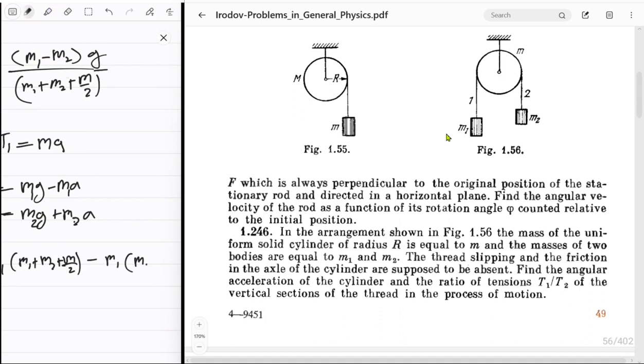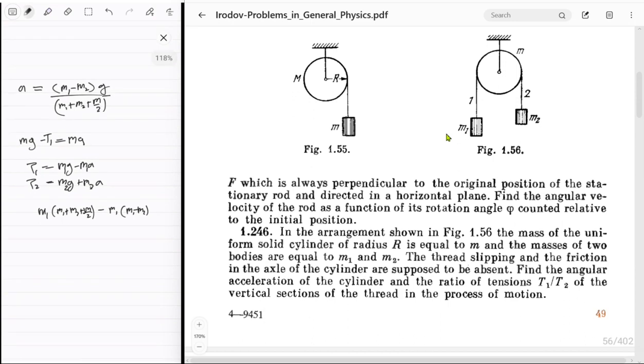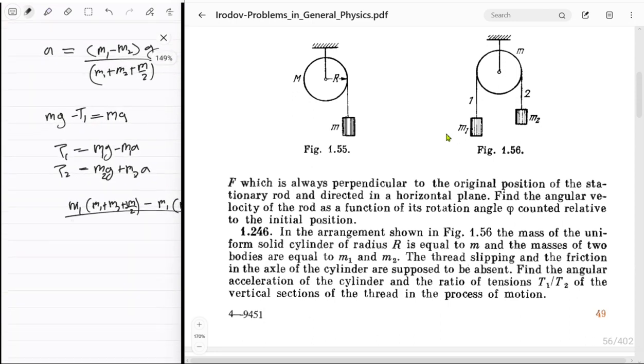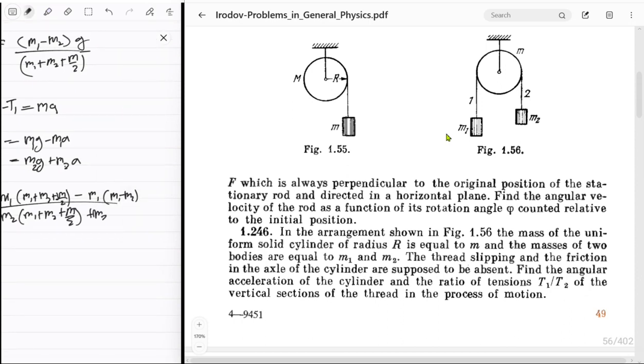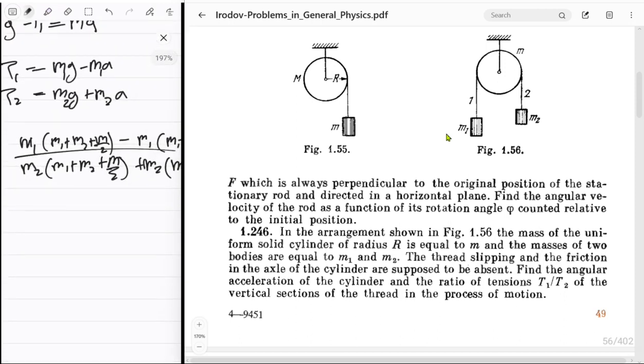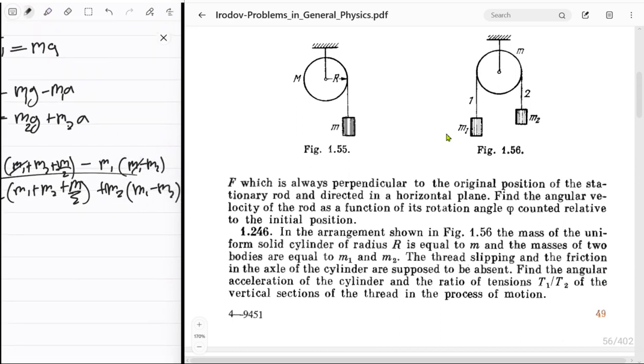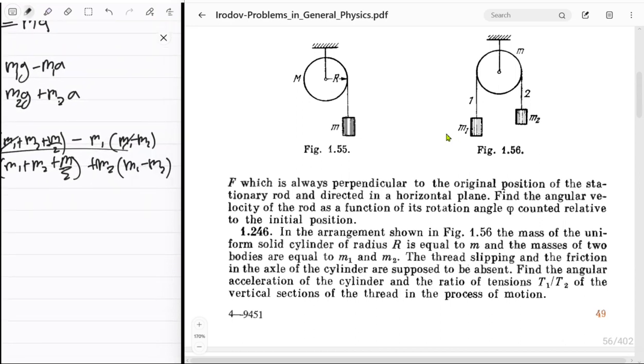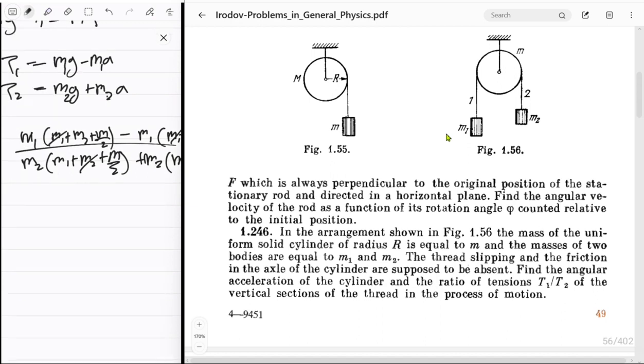So you got m1 times (m1 minus m2) upon m2 times all of this, (m1 plus m2 plus m upon 2), plus m2 times (m1 minus m2). Now let's do the thing. So m1 squared cancels, right? M2 squared cancels.